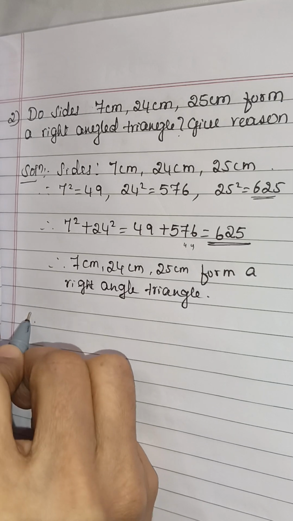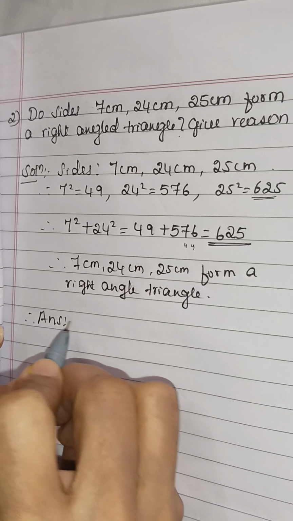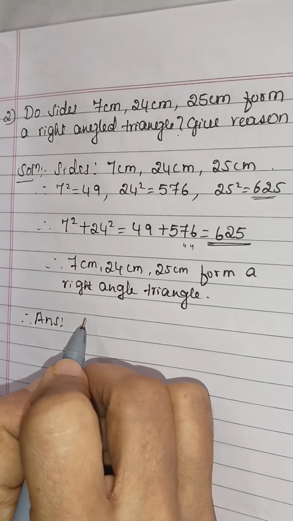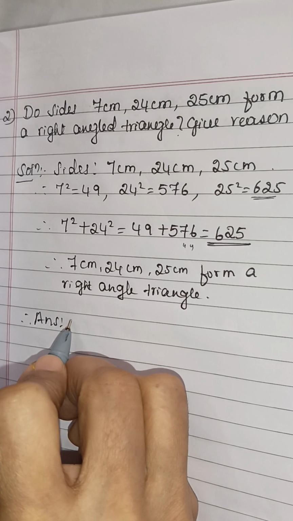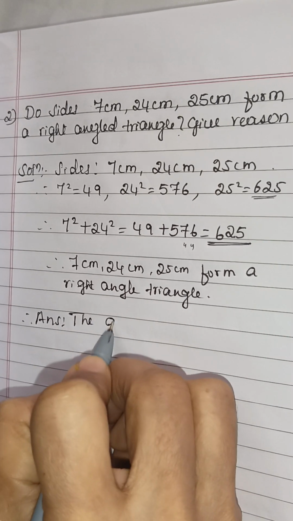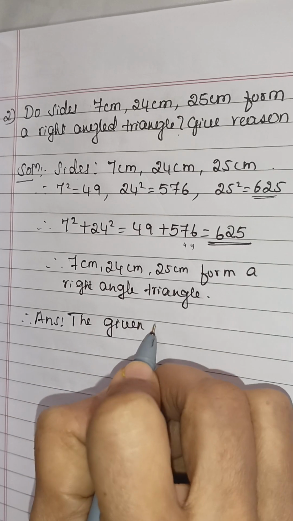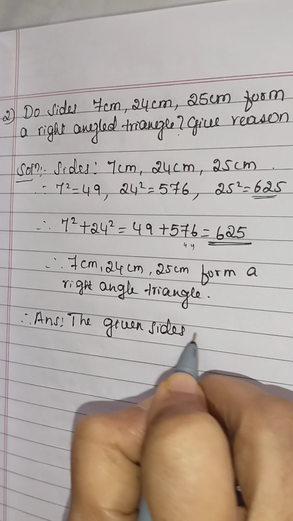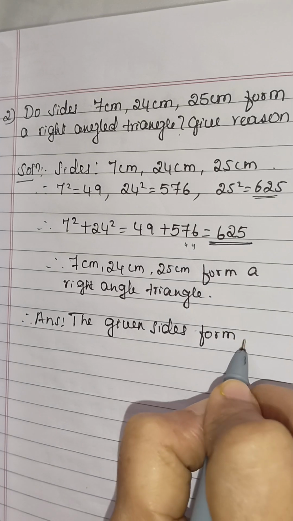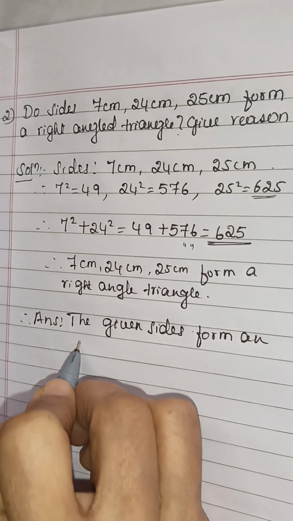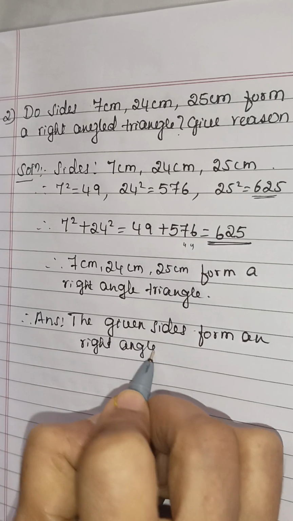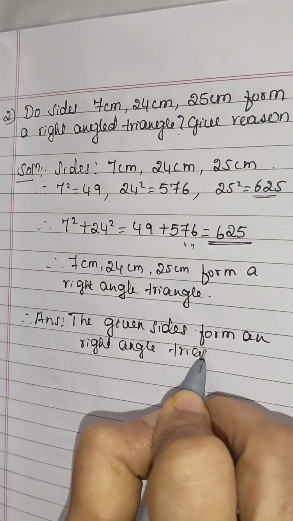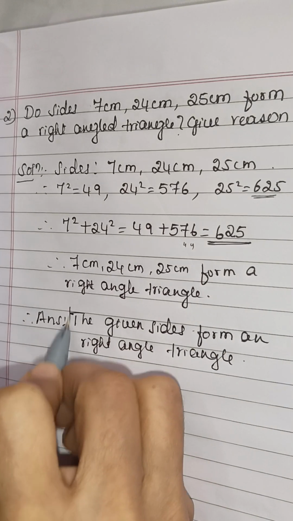So the answer is: the given sides form a right angle triangle.